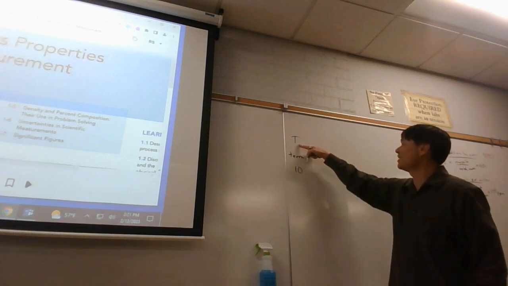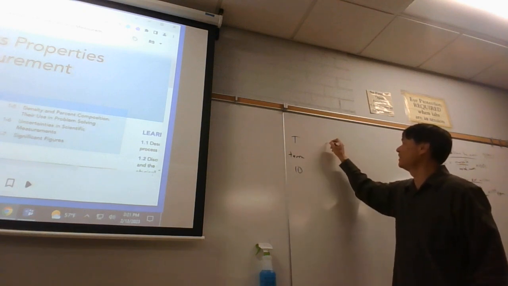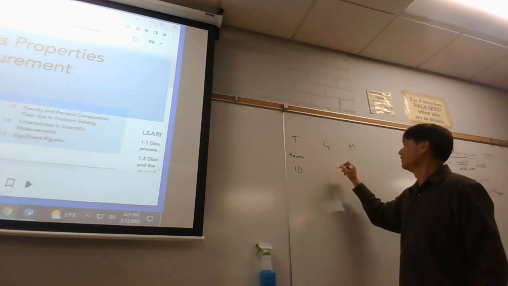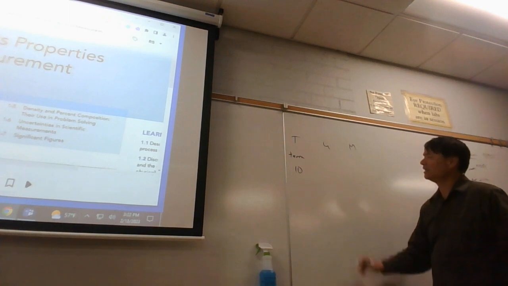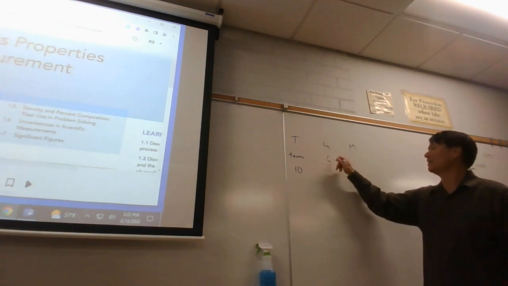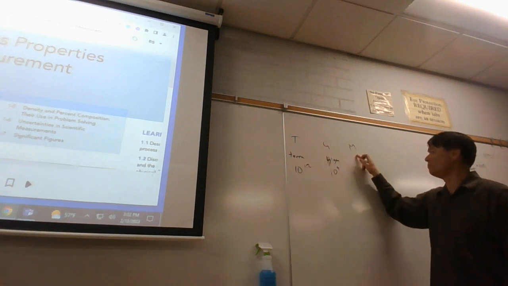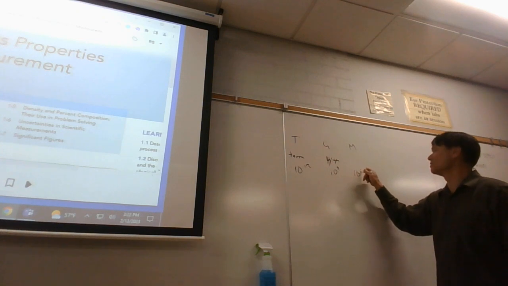Well, okay, we'll go tera and then what? Giga and then mega. And so a giga is what? 10 to the 9? Yeah. A giga is 10 to the 9, so this has got to be 10 to the 12. And a mega must be 10 to the 6.